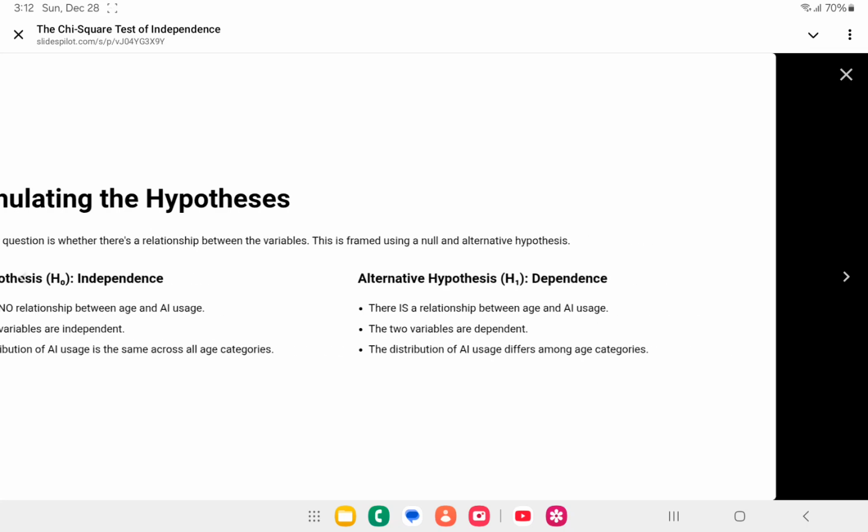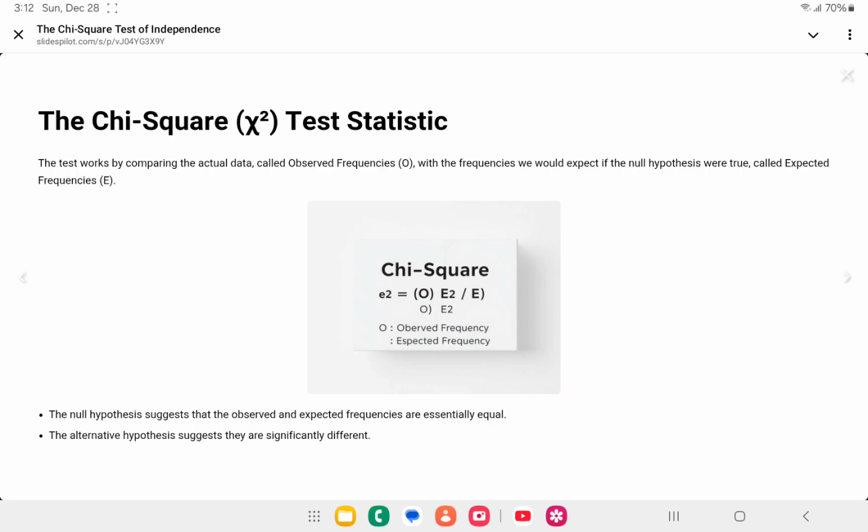The test statistic for the chi-square test of independence is the same as the one used for the goodness of fit test, in that it compares the observed frequencies with the expected frequencies. The null hypothesis here basically says that the observed and expected frequencies for each cell are essentially equal, while the alternative states that they are different.